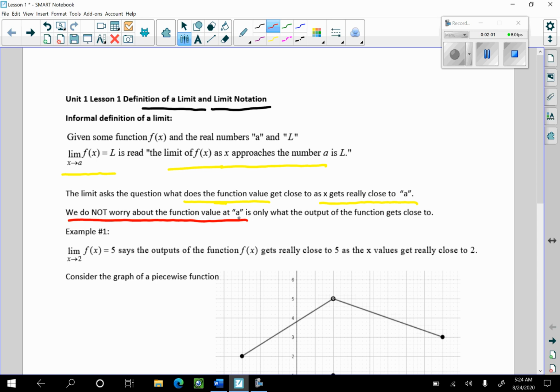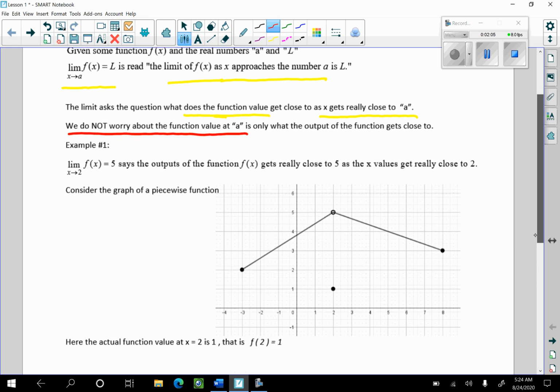So let's do an example of this particular definition. Here I have the limit as x approaches 2 of f of x equals 5. What this says is that the outputs of the function f of x get really close to 5 as the x values get really close to 2.